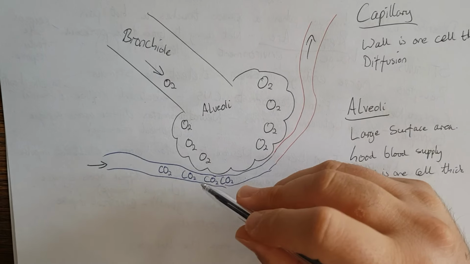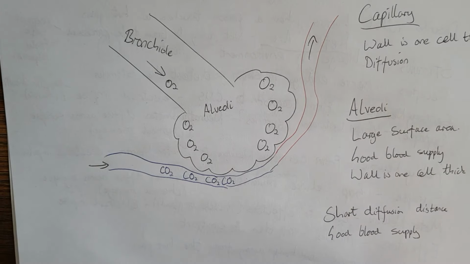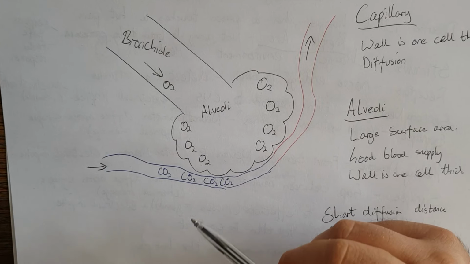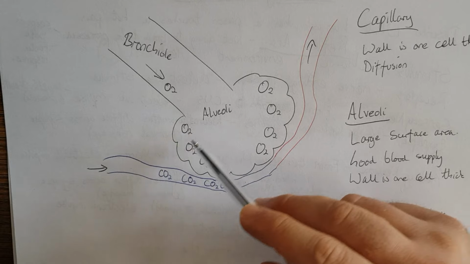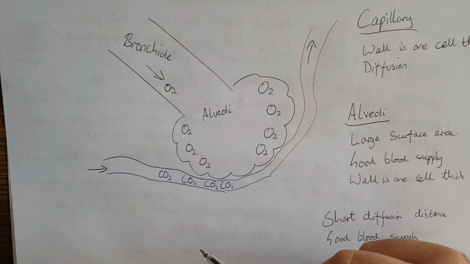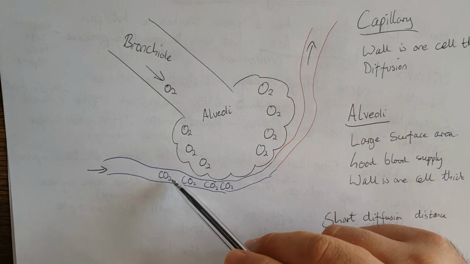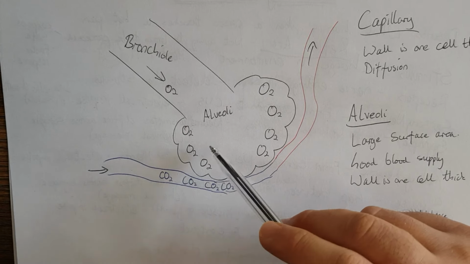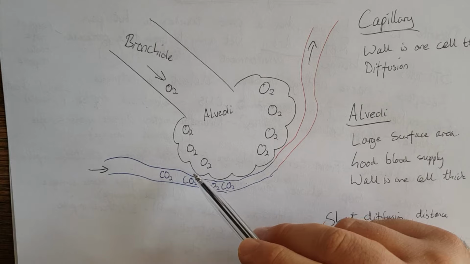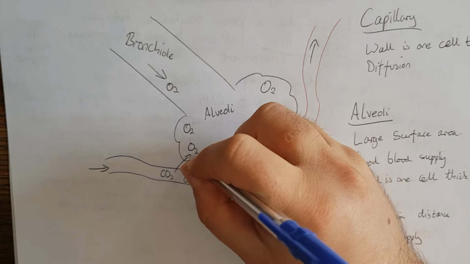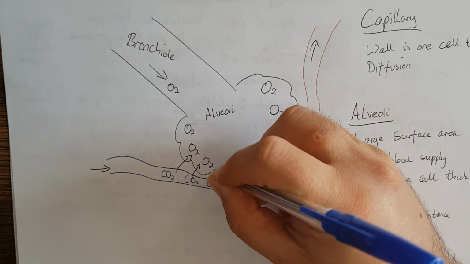Because I've got lots of carbon dioxide here and not very much here, I have a concentration gradient. I've got a lot of it in my capillary and almost none of it in my alveoli. This means that the carbon dioxide will diffuse across. It's going to diffuse across this way to correct the concentration gradient.